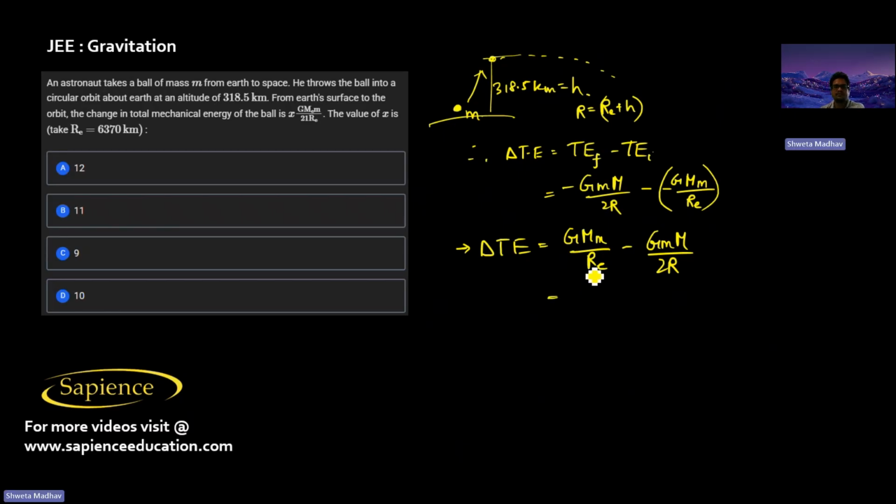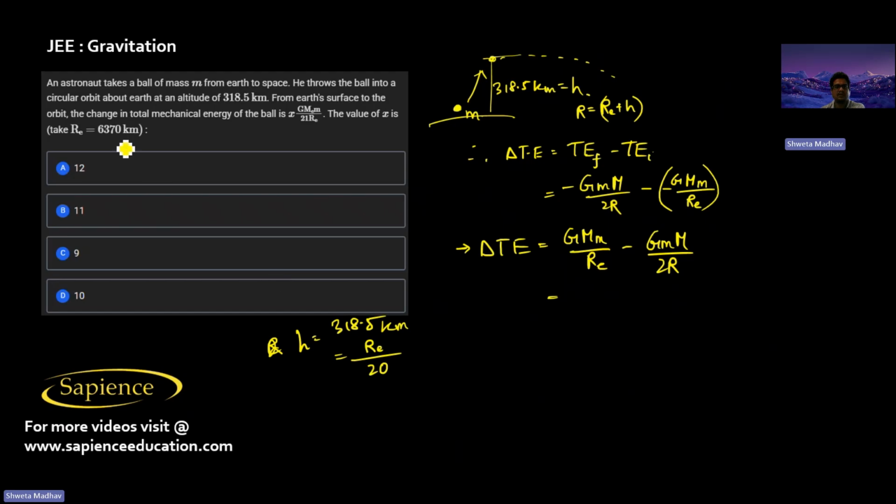This will be equal to Re. Now the height is equal to 318.5 kilometers, which is equal to Re by 20.